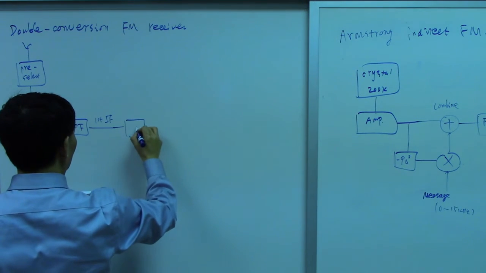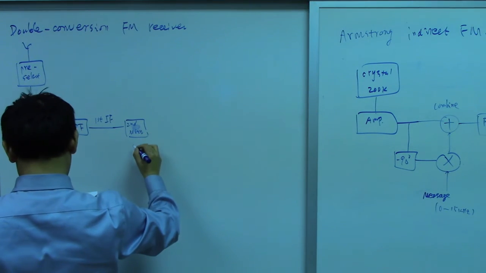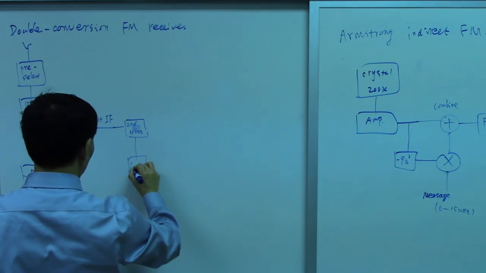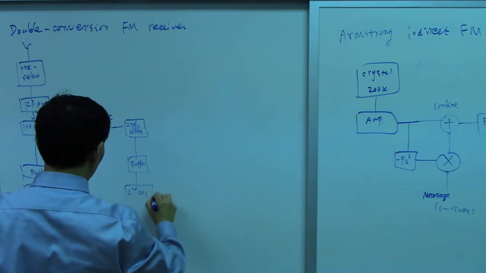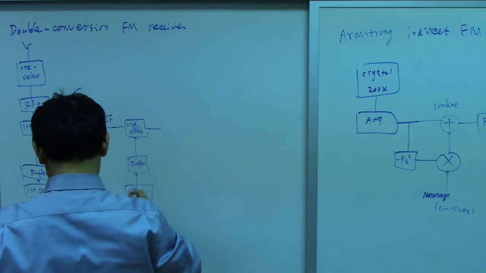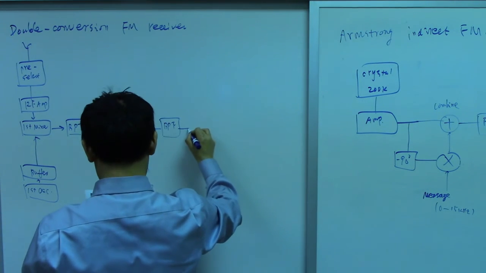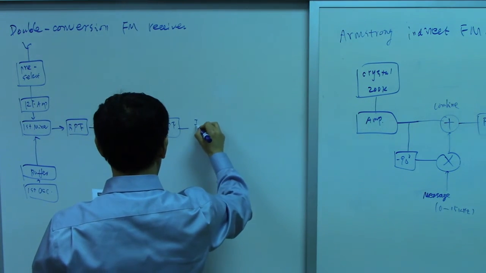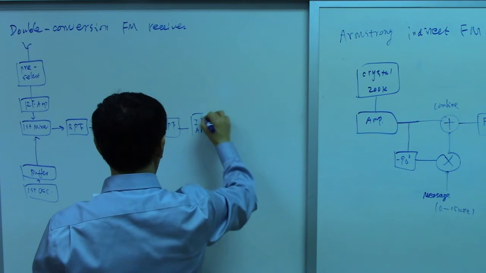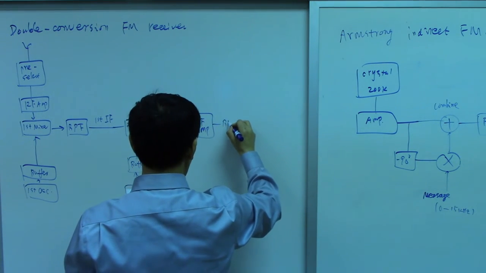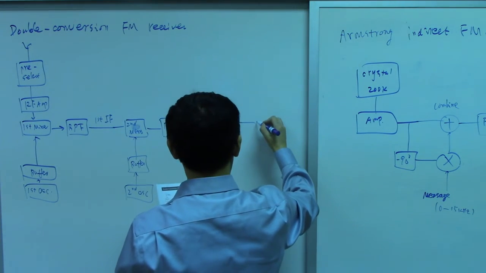Then here we have a second mixer, and this one has the same thing. Buffer, right? Second oscillator, and this one gives us, followed by band pass filter, and this one is RF amplifier, and again band pass filter, and there's a limiter.